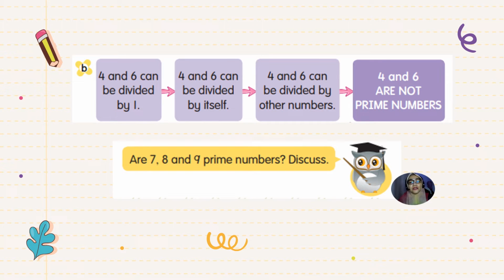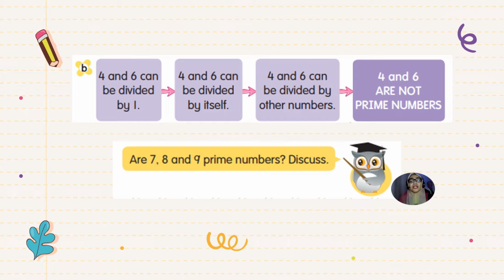Okay, let's look at the next numbers. We have 4 and 6. So 4 and 6 can be divided by 1. Next, 4 and 6 can be divided by itself. And next, 4 and 6 can be divided by other numbers. Let's look at number 4.